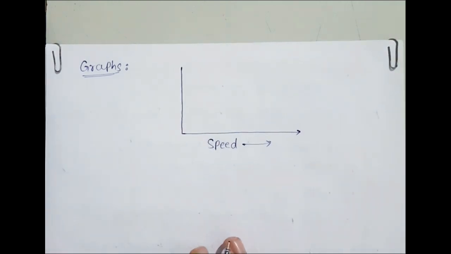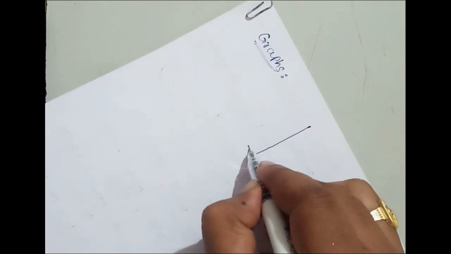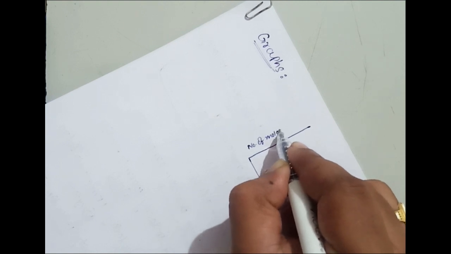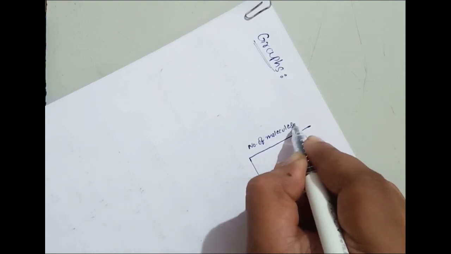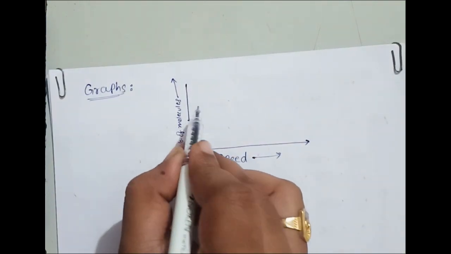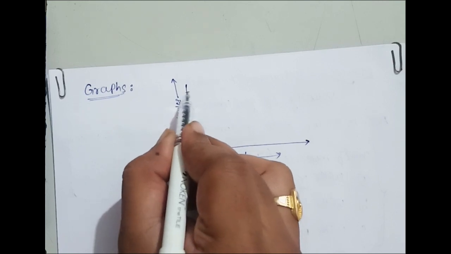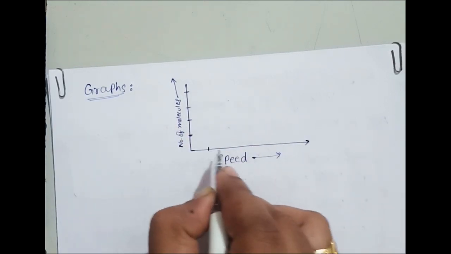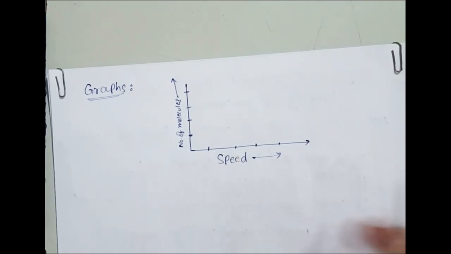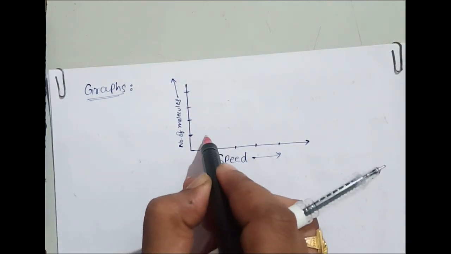And on the y-axis, let us say the number of molecules. This is a very small number of molecules. The number is increasing, more increasing, further increasing. This is the speed. So the number of molecules with less speed will be less.